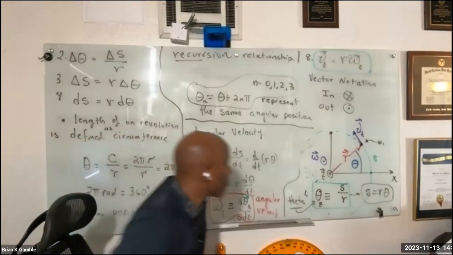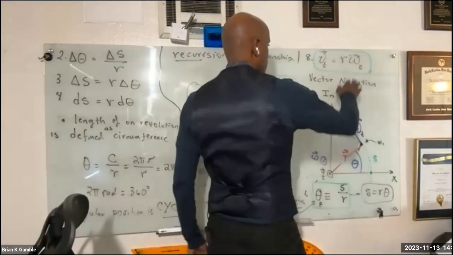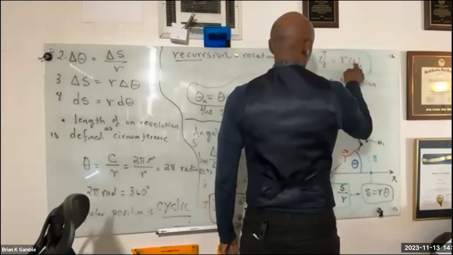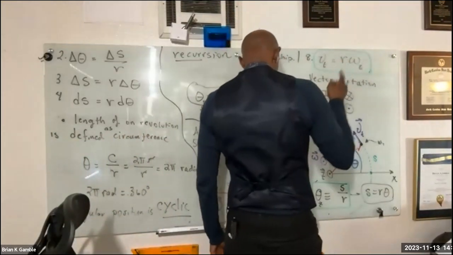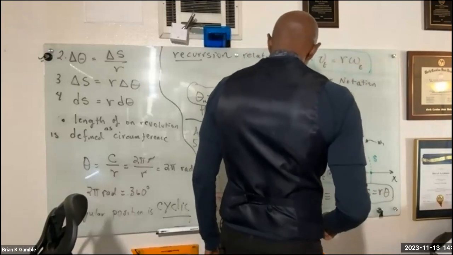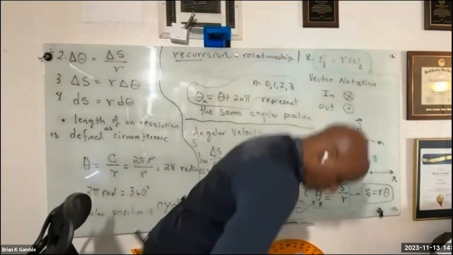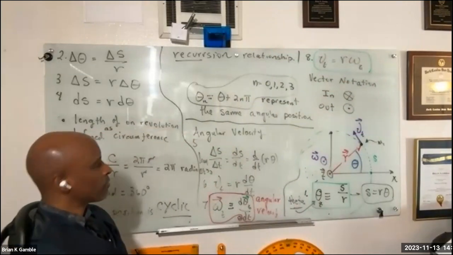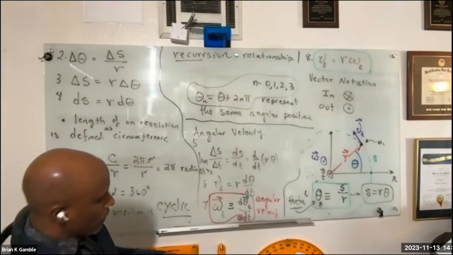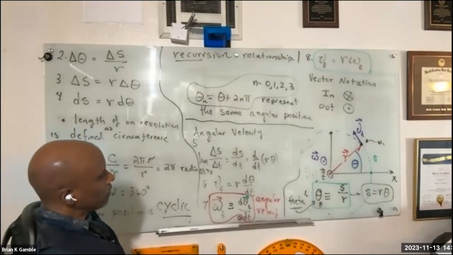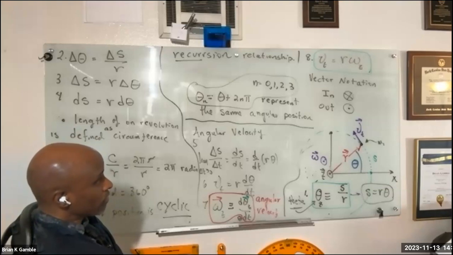In fact, I shouldn't write this. This is actually the magnitude. I shouldn't put a vector symbol there because both of those are vectors. And as it turns out, they have a relationship. The vector representations of those quantities have a cross product relationship, which we don't deal with at this level.